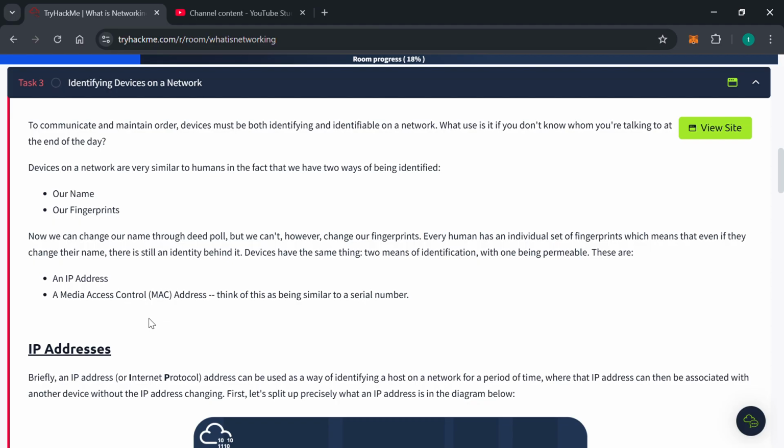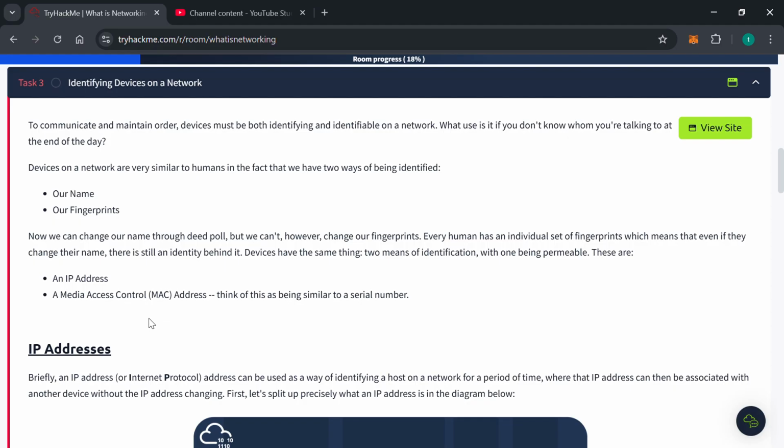Now we can change our name through the poll, but we can't, however, change our fingerprints, right? So every human has an individual set of fingerprints, which means that even if they change their name, there is still an identity behind it. Devices have the same thing, two means of identification, with one being permanent.